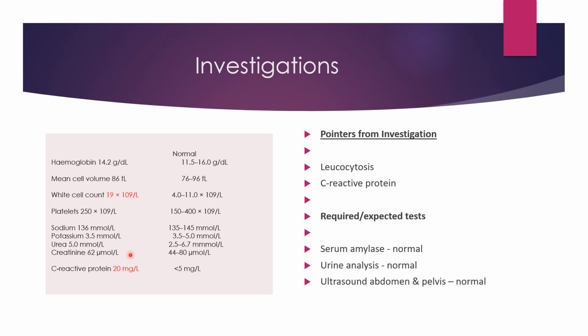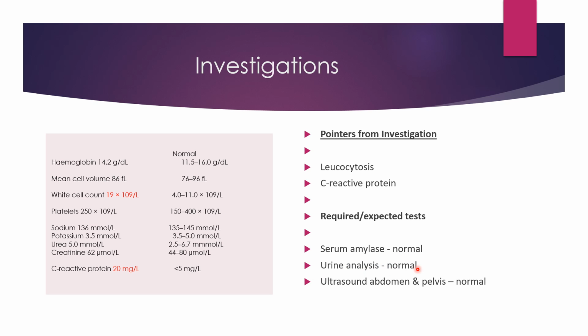These are the pointers: leukocytosis and raised C-reactive protein, which suggest an infection or some inflammatory process going on. And the expected test, serum amylase, we assume must be normal.